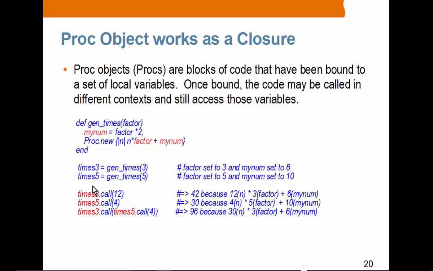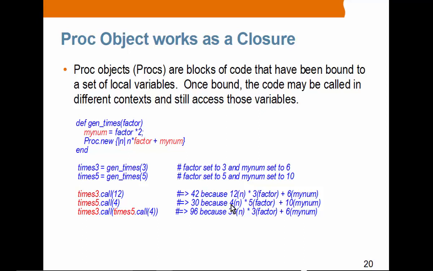Whenever you use the times5 variable, which points to the proc object, that proc object remembers that factor is 5 and mynum is 10. Here I'm using times5.call with the value 4, so n is going to be set to 4. However, the factor and mynum local variables are still remembered as 5 and 10.